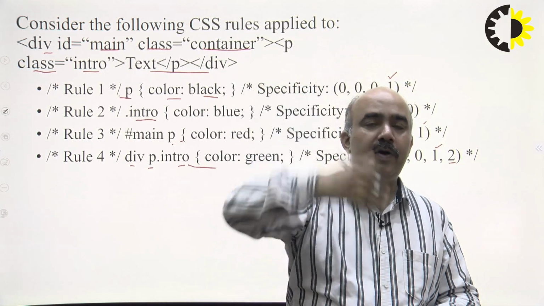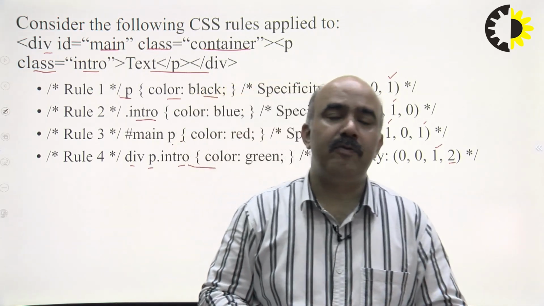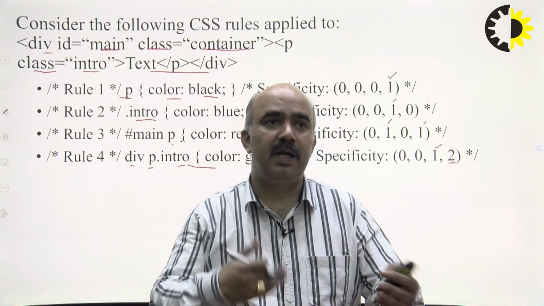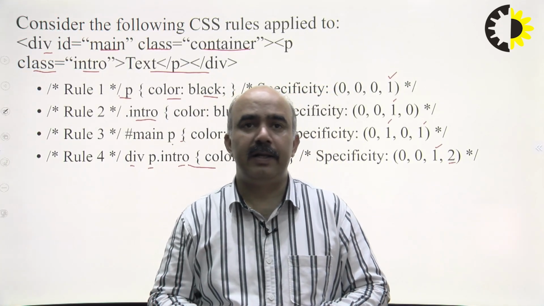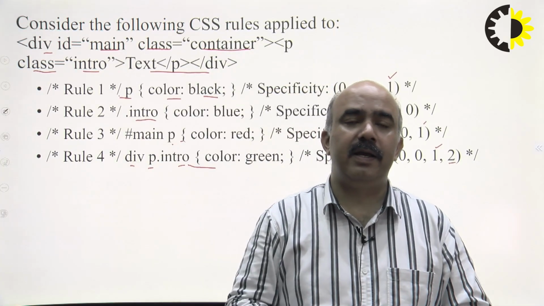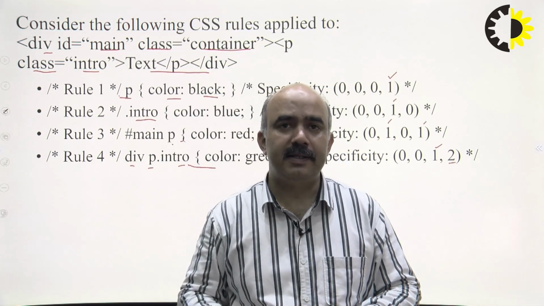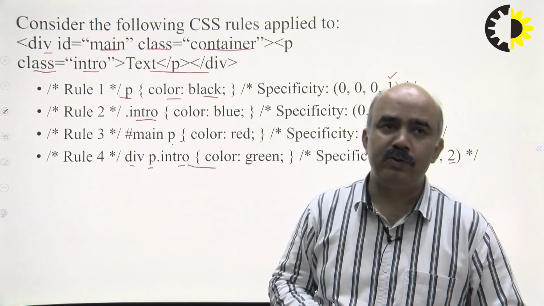When we go through rules 1, 2, 3, 4, we have to compare these rules. Let's suppose rules 3 and 4 are being compared. In rule 3 the value at B overrides the other priorities, so the color red will be chosen in this case.